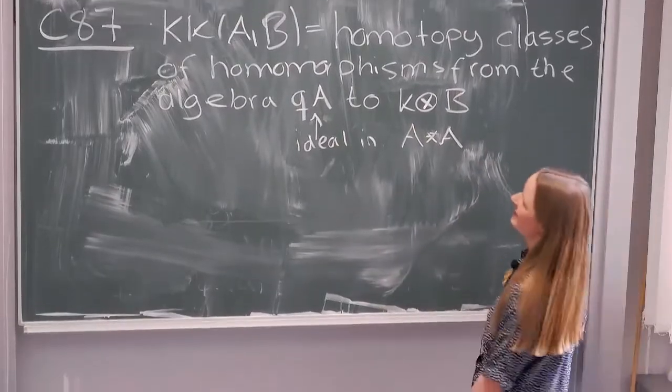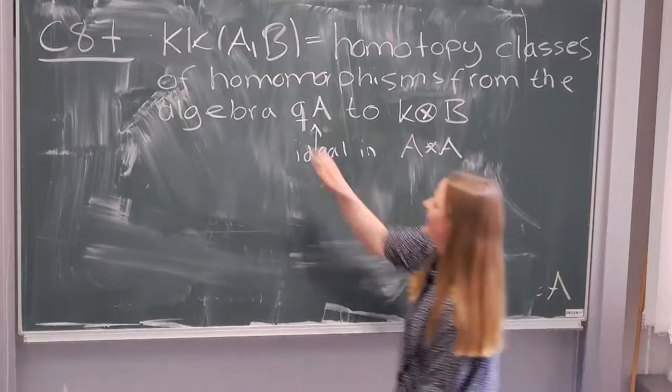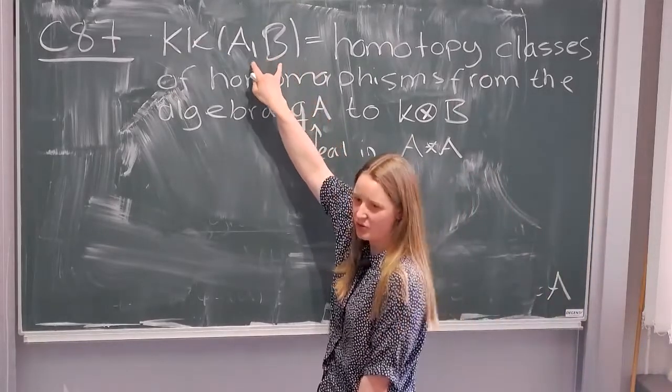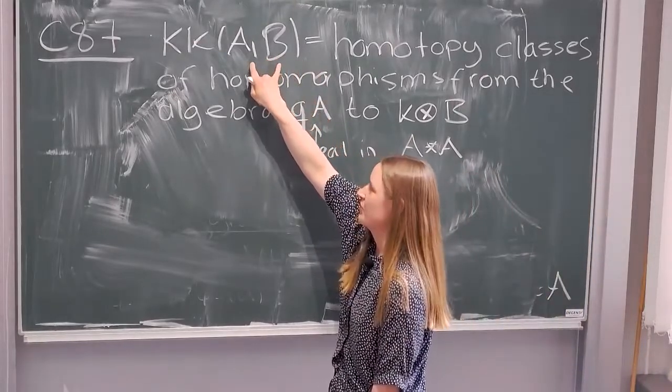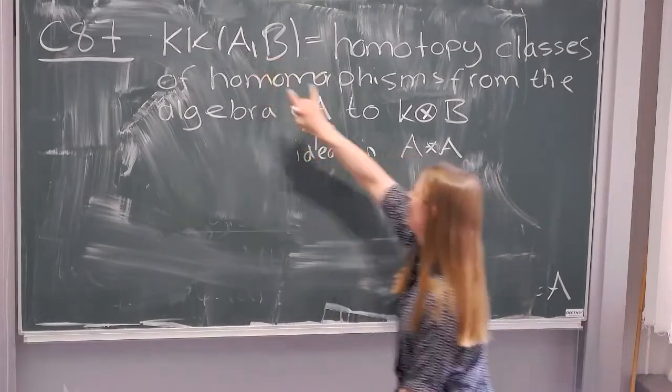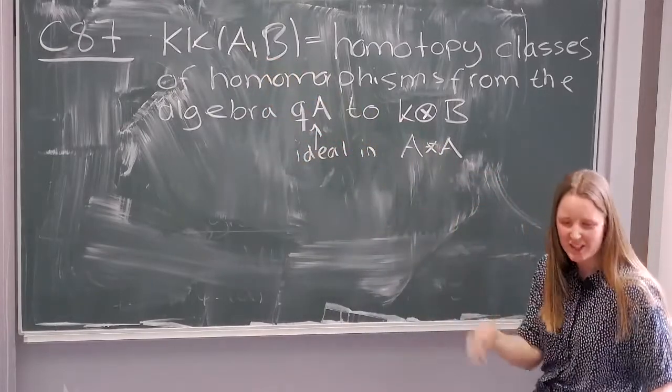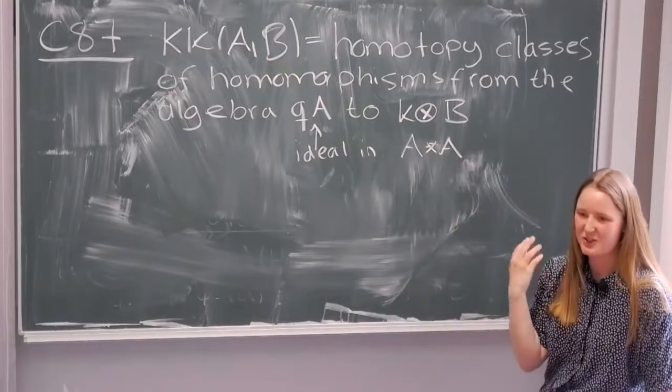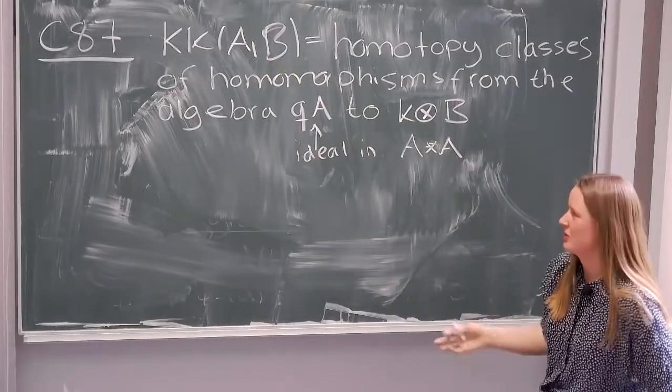But we will see that we precisely get KK-theory for C*-algebras. Here it is important that they are; he uses that they are C*-algebras. So this is just a motivation for research.